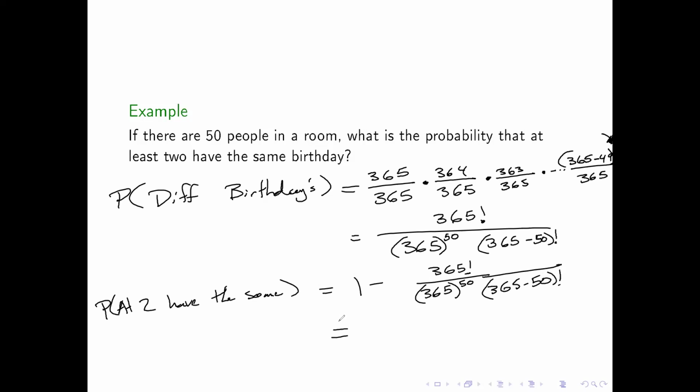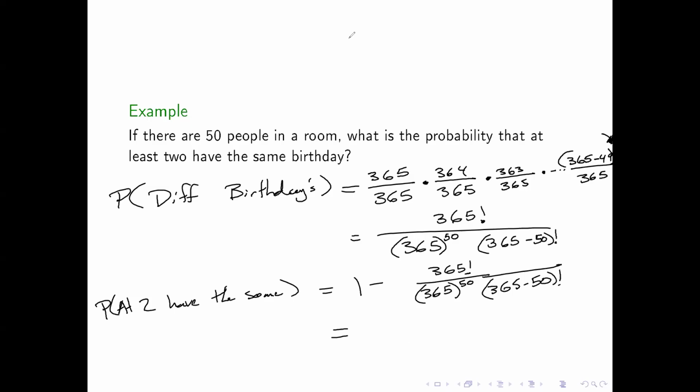Well, what is that? If we throw that in a calculator, we quickly get 0.97037, approximately. I'm rounding off a few decimal places, so about 97%.